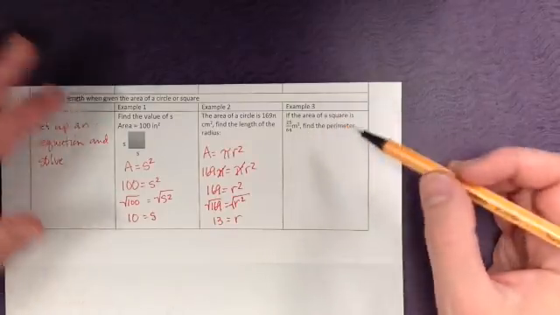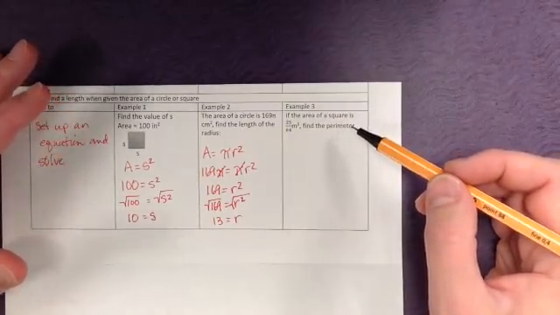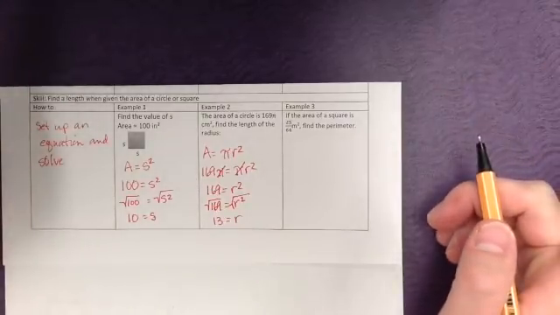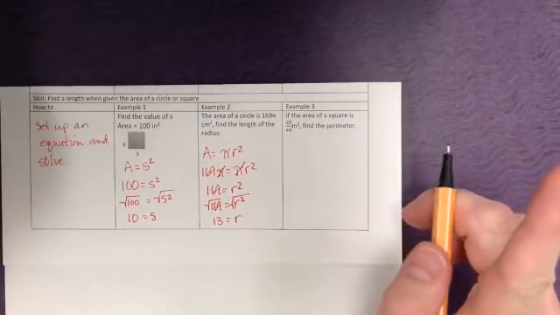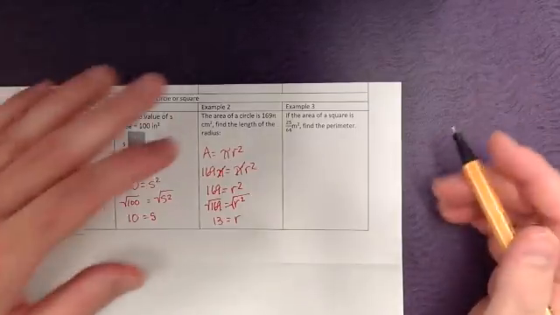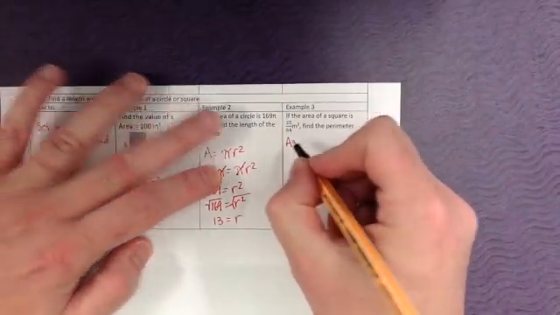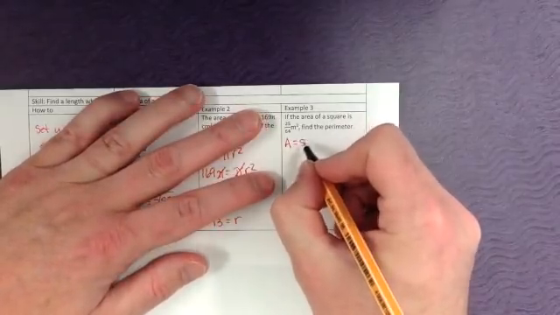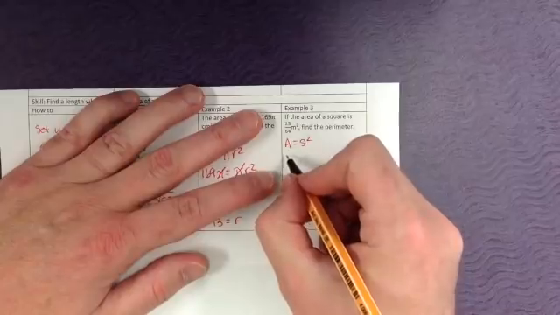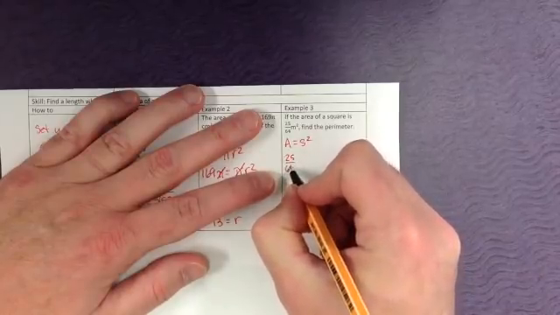And let's look at one more over here. If the area of a square is 25 over 64 meters squared, find the perimeter. Oh, this is a two-step problem. So the first thing I have to do is find the length of one side. So I know that the area equals s squared, because it's a square. The area is 25 over 64.